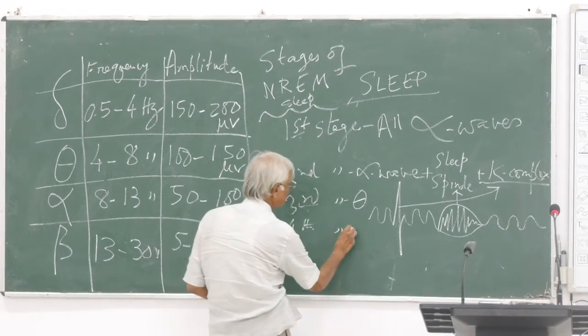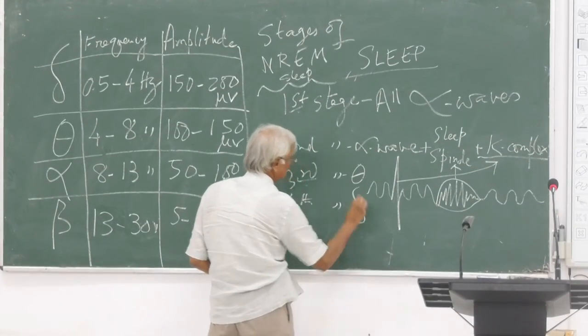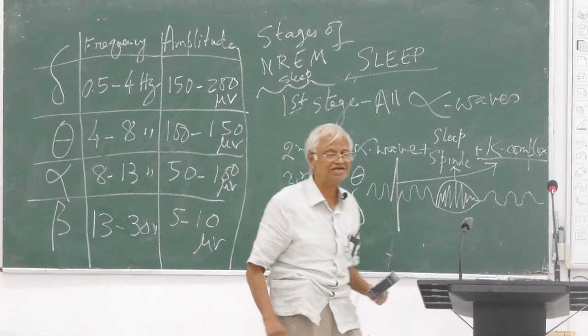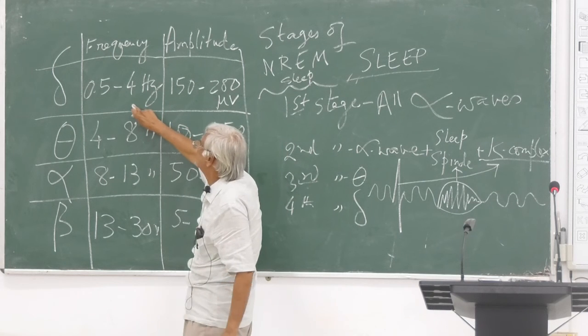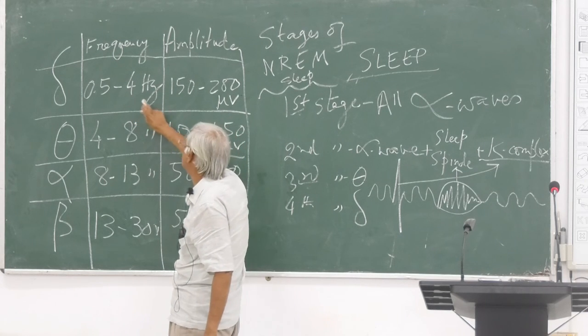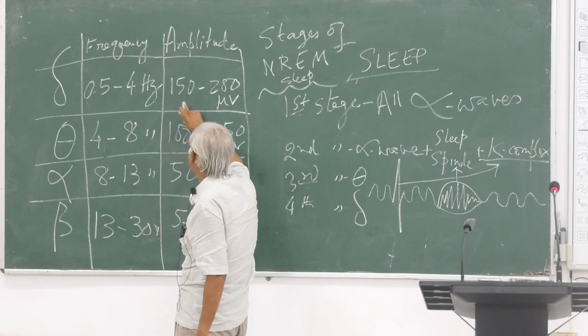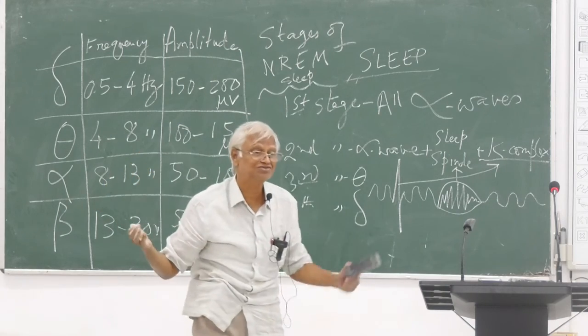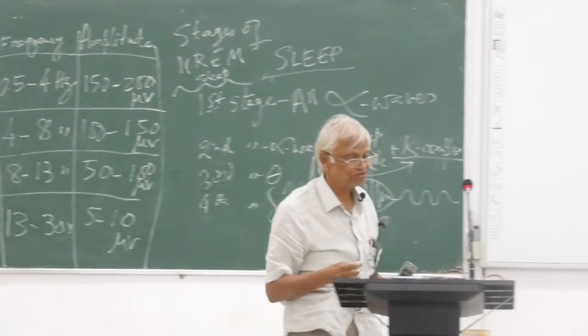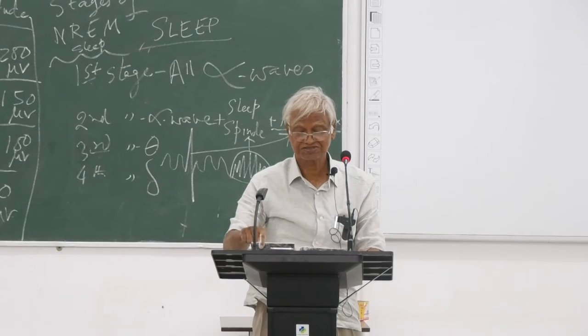And throughout the fourth stage, delta waves, predominantly delta. The lowest frequency, 0.5 to 4 hertz, and the highest amplitude, going even up to 200 microvolts. That's all. Very easy to tell the stages of sleep.